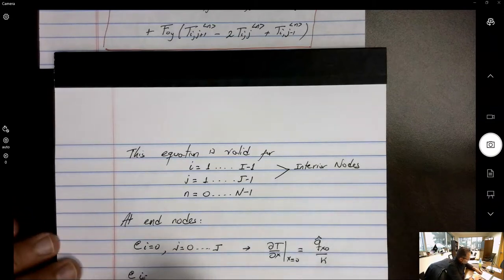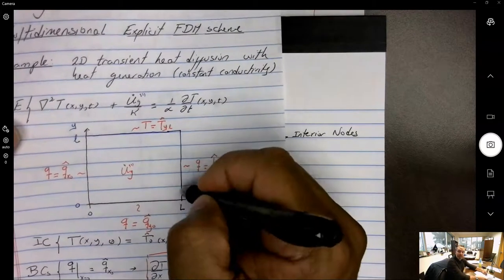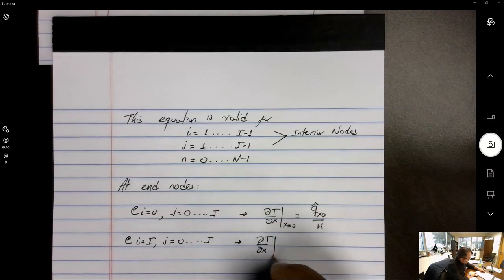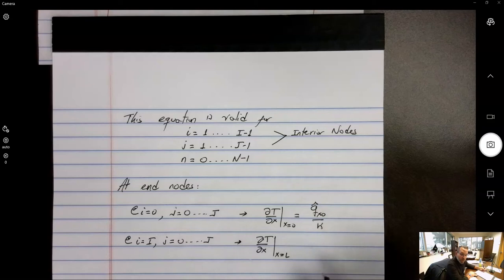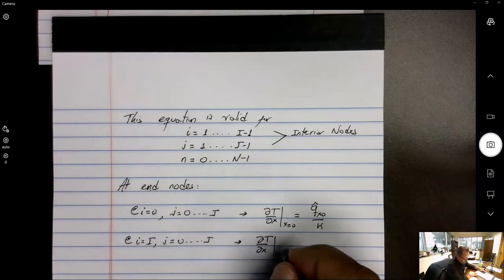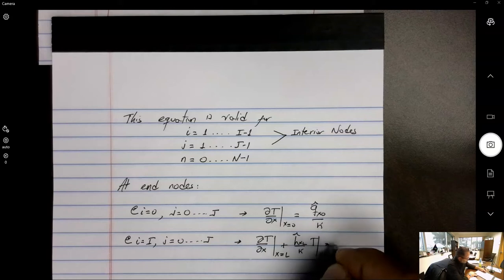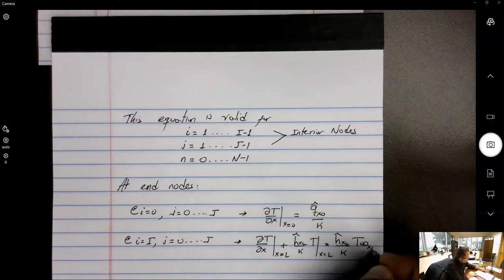At i equal big I, j from 0 to J, so at all the nodes that correspond to the right-hand side wall, we will do dT/dx at x equal L, for which we need a backward differencing approximation. So relate the derivative of the temperature at the edge to the temperature right to the left of it, plus h_xL over k T at xL is equal to h_xL over k T infinity at xL.